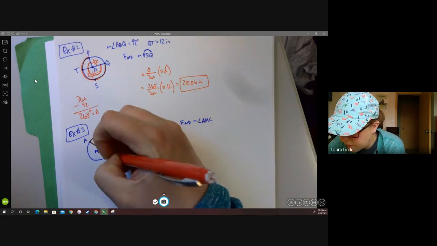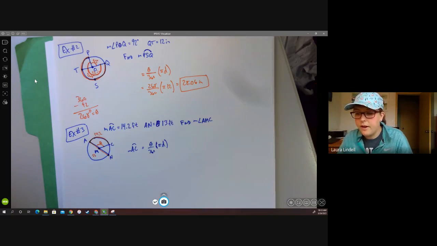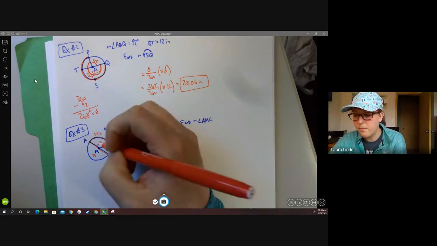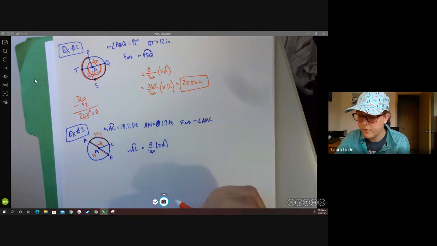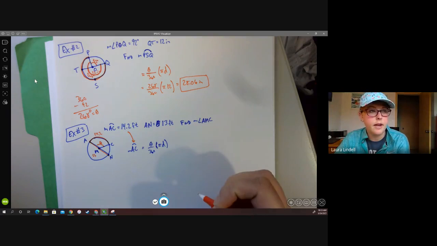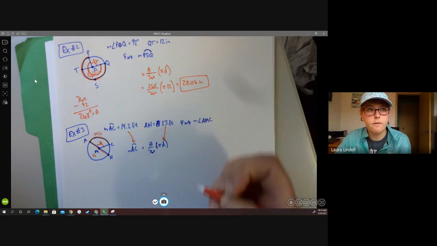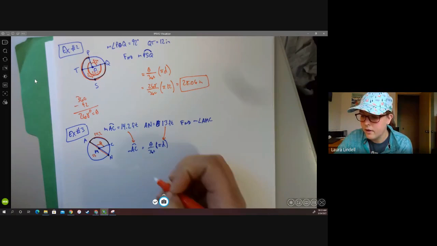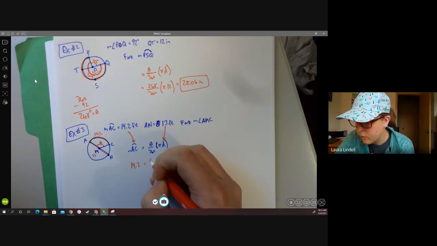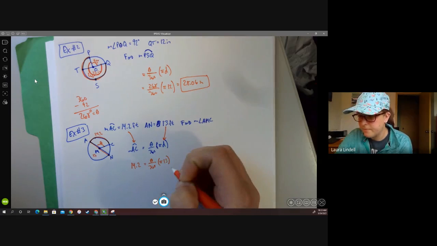We know that the diameter is 13, and we're looking for the angle theta, which is the measure of angle AMC. You do want to pay attention to which angle you are being asked for here. But anyway, let's plug in what we have. 14.2 goes in for arc AC, 13 goes in for diameter, and we're solving for theta. So we have 14.2 equals theta over 360 times pi times 13.